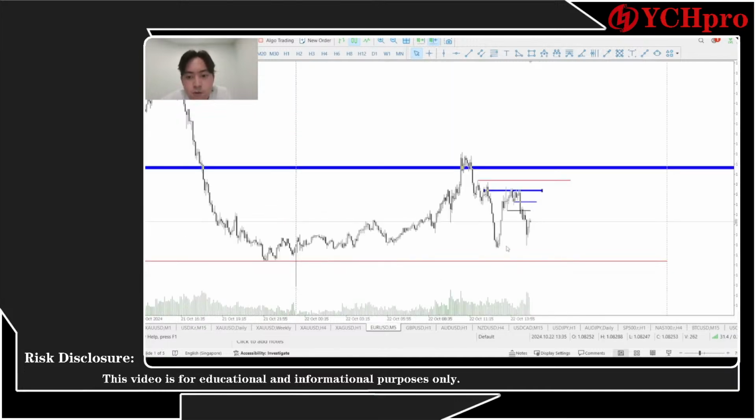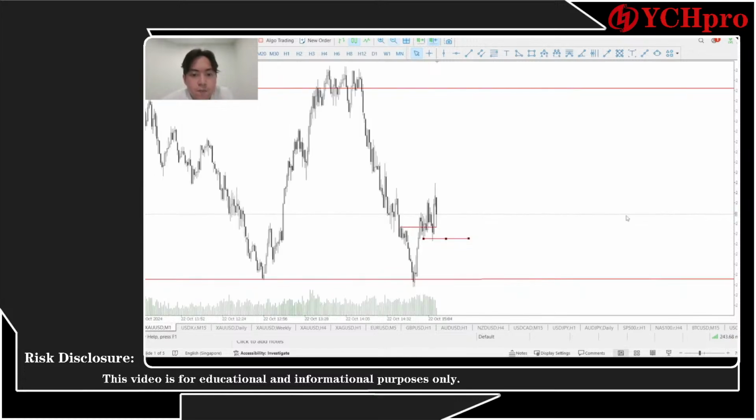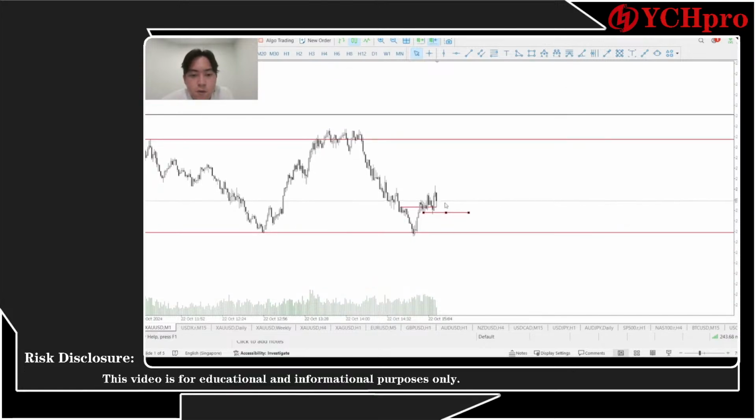But Euro USD is definitely going lower. Actually, we can try to do long positions, putting our stop loss below and trying to grab above. I think we can try to do long positions on the lower sides.